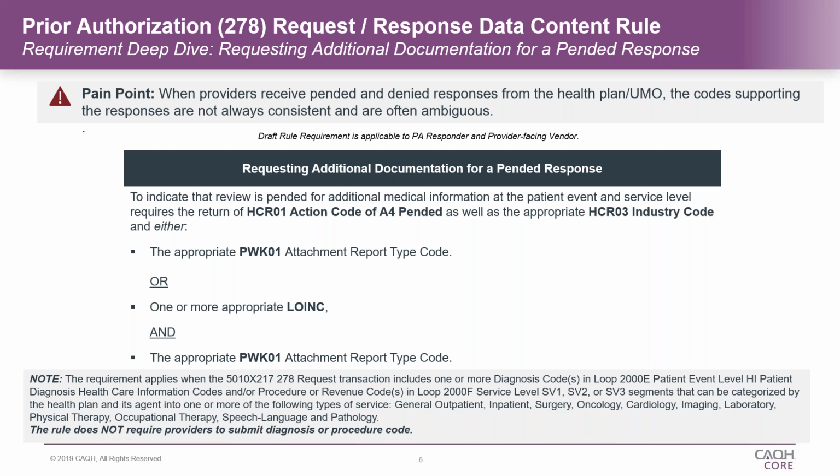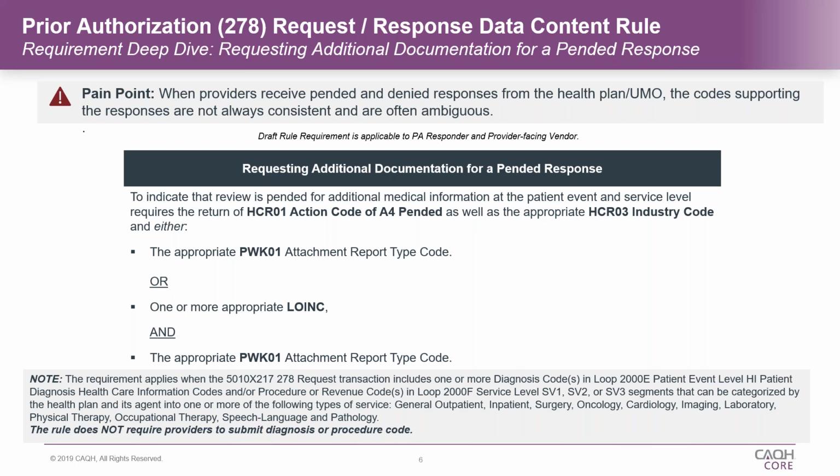The rule requires that the health plan and its agent must return the appropriate HCR1 action code of A for pended, as well as the appropriate HCR3 industry code, and either the appropriate PWK attachment report type code or a logical observation identifier's name and code and the appropriate PWK attachment report type code. This enables providers to know what type of additional documentation are required by the health plan in order for their prior authorization requests to be fully adjudicated.